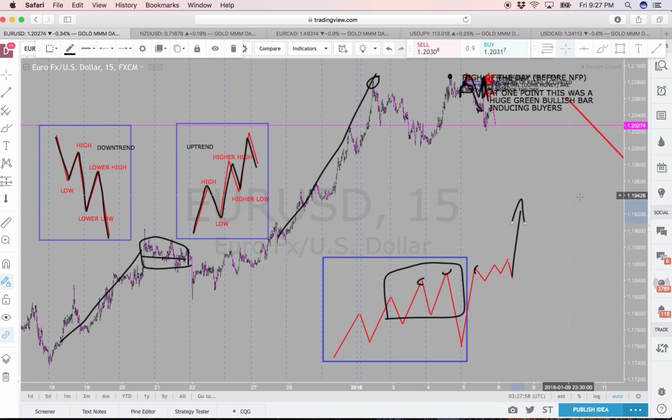But if we have a triple top that is induced by a news event and moves very, very fast, so for example, this third hit, first, second, and then the third hit to the high here is a very fast, very sharp move.